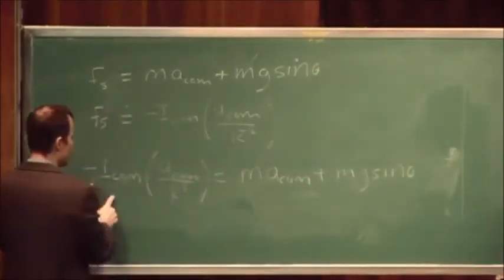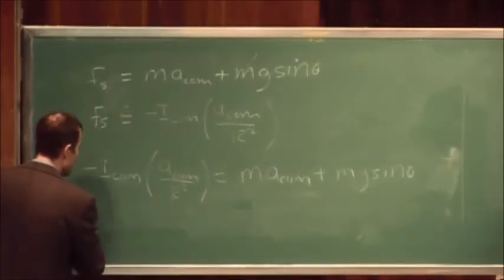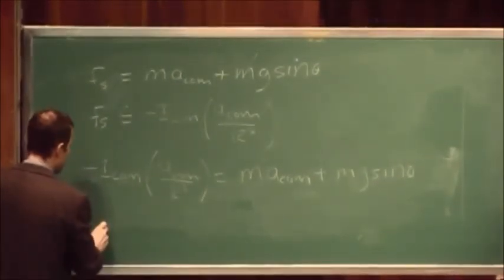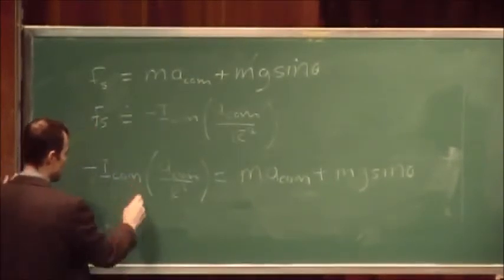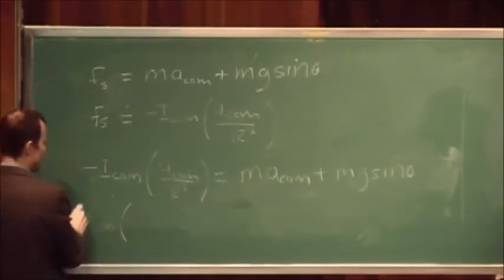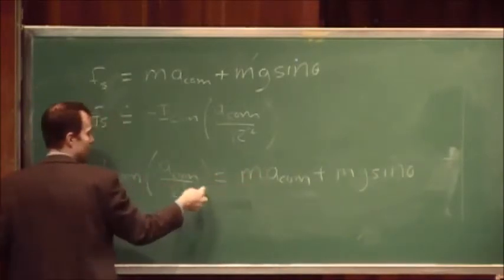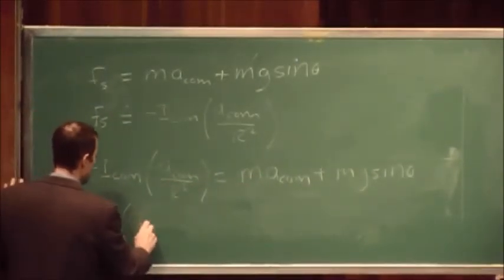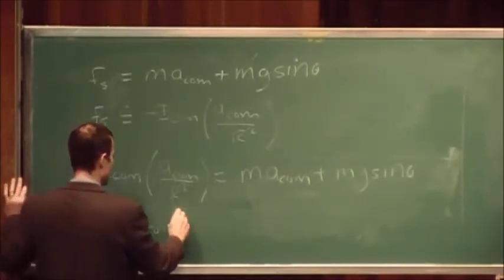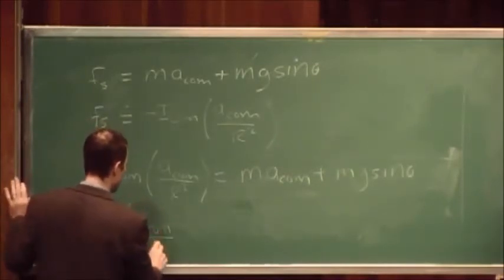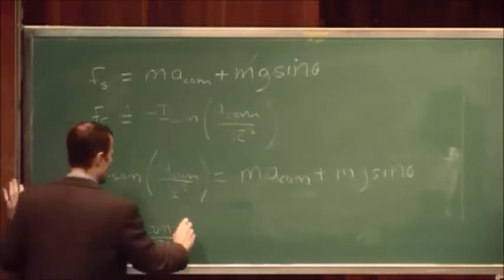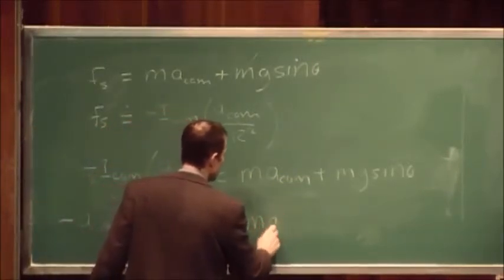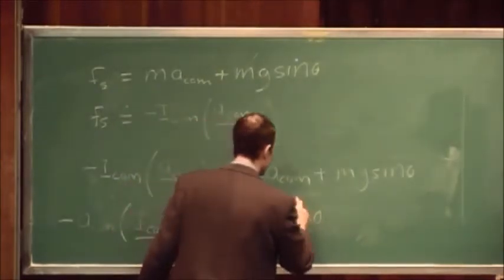I'm going to bring this over here, and then I'm going to factor out A center of mass. I'm going to get a minus on, because when I bring this over, I get a minus M A center of mass, and I get a minus here. So I get I center of mass over R squared plus M is equal to mg sine theta.